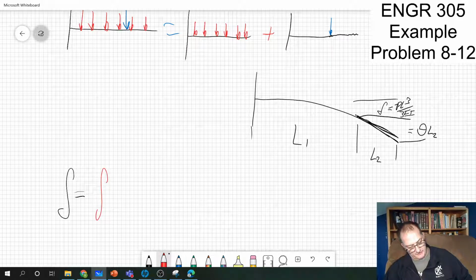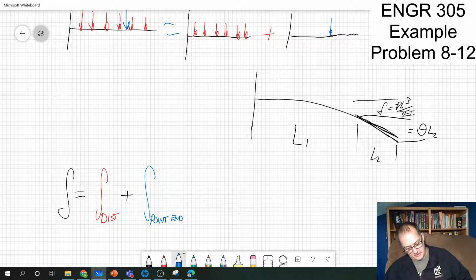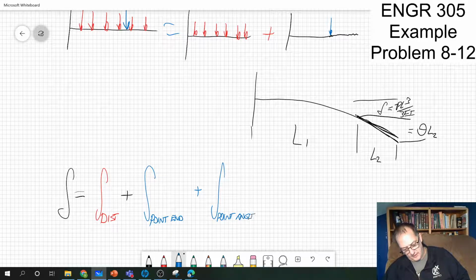It's equal to the deflection from the distributed load plus the deflection from the point load at the end plus the deflection from the point load angle and then the extra length.